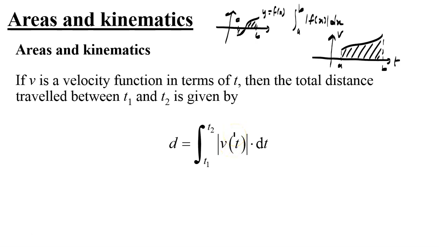So before I jump into integrating the velocity, I need to study the sign of v of t over that interval, which means I need to study the relative position of the curve of the velocity with respect to the horizontal axis, or the time axis in this case.